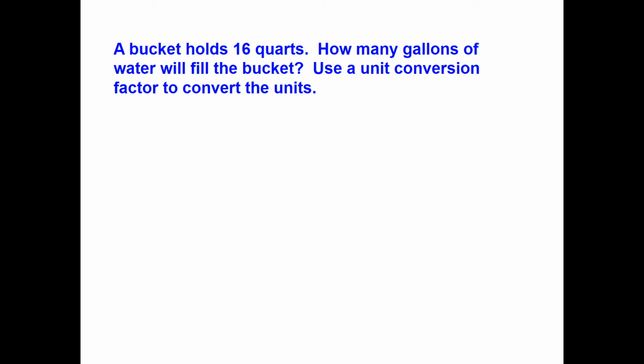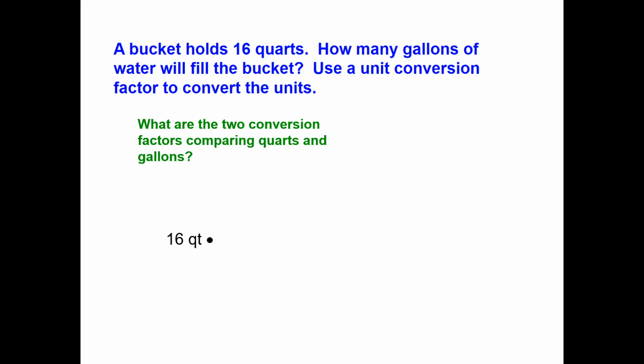A bucket holds 16 quarts. How many gallons of water will fill the bucket? If you use a unit conversion factor to convert the units, you start with 16 quarts. What are the two conversion factors comparing quarts to gallon? We have 4 quarts to a gallon, or 1 gallon is 4 quarts.